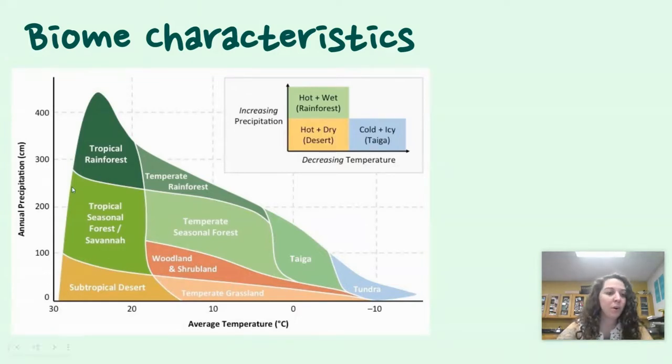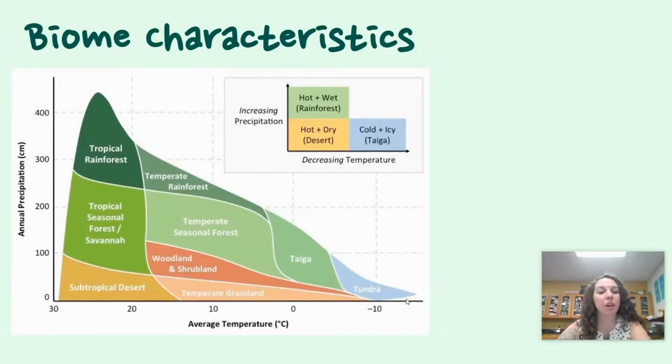But it can also go all the way up and peak at like 280, 290 centimeters per year. And then the temperature is going to go anywhere from maybe 18 all the way up to like 30 degrees Celsius. So they have a range.